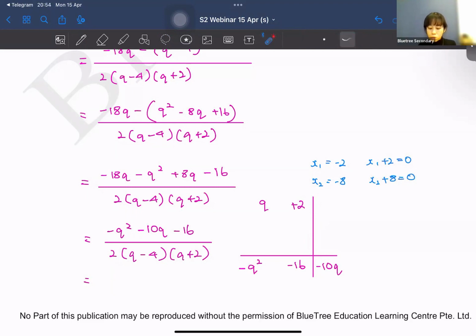Work backwards, that means my other factors going here and here are -q and -8. Do your cross multiplication and make sure that you still get -10q. In this case, you do. So your two factors in the numerator are q plus 2 and -q minus 8.